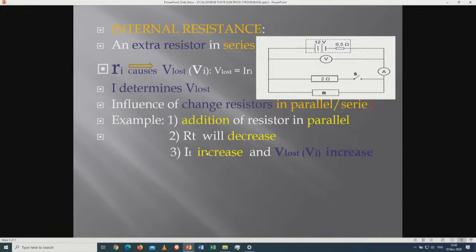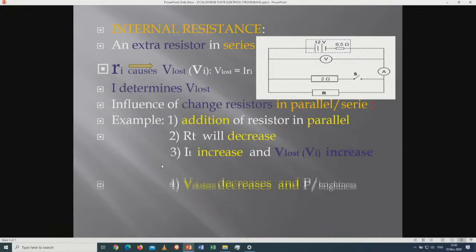Why is the total current and the total resistance important? Because it is the total current that flows through the battery. So it's the total current that determines V lost. So if I total increases, then going back to this formula, it shows you that V lost must also increase.